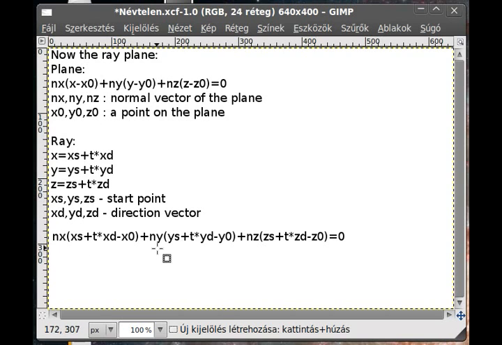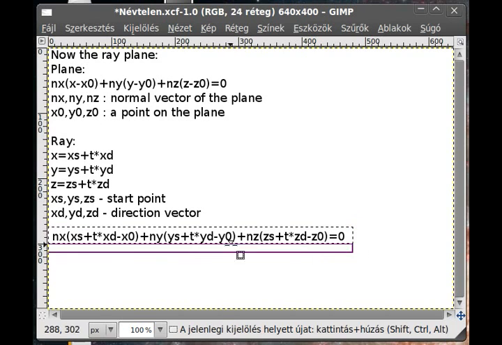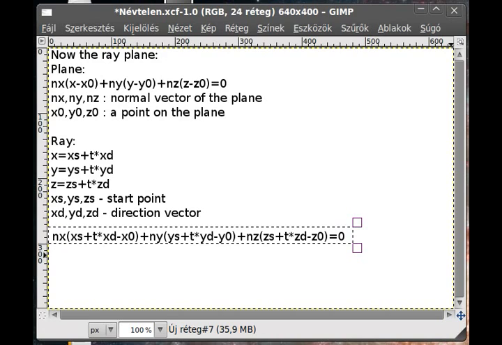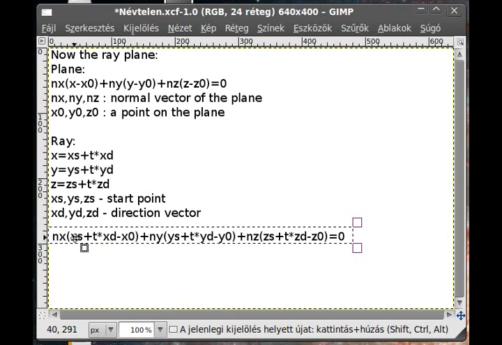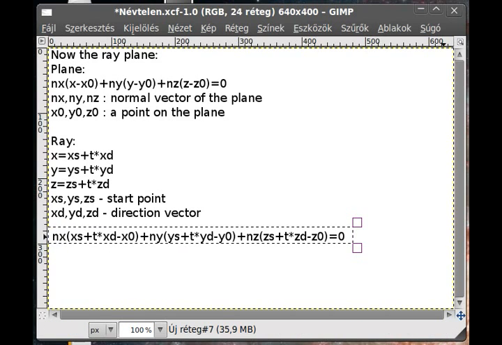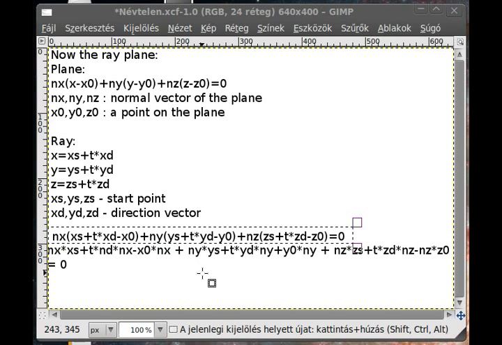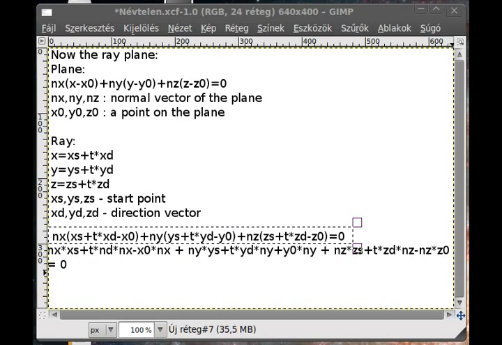So it is pretty simple until this point. Now I do the multiplication, so I multiply the t times xd with nx, and yeah, that is how we do it. Okay, and after we do that, we get this long line.